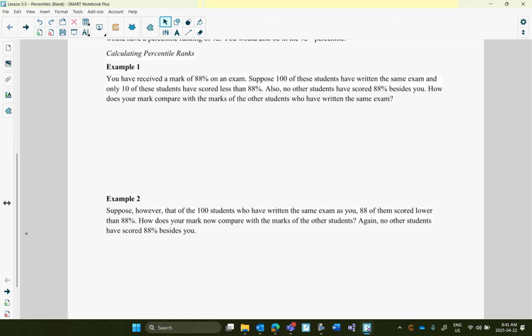Out of the 100, how many students scored 88% or less? How many scored less? 10. How many scored exactly 88? 1. So 11 out of 100 scored 88% or less, because you have to count you.